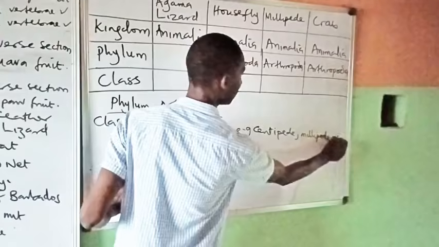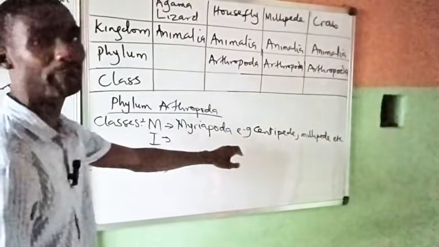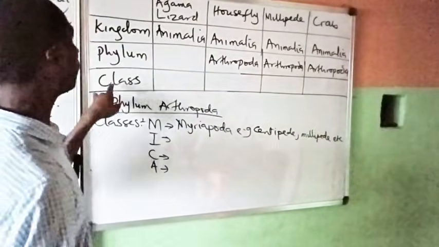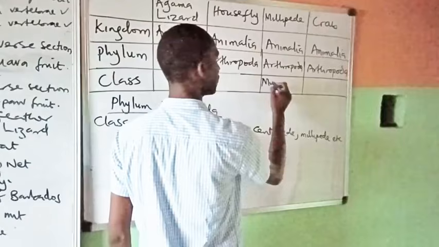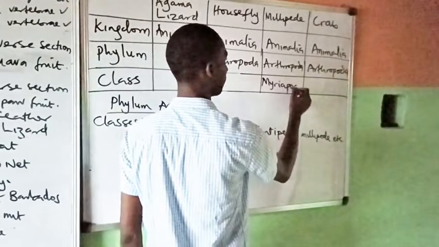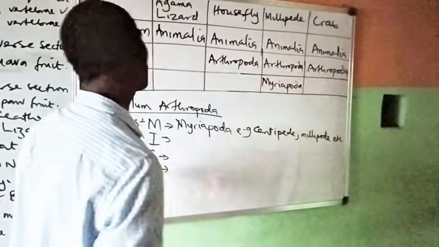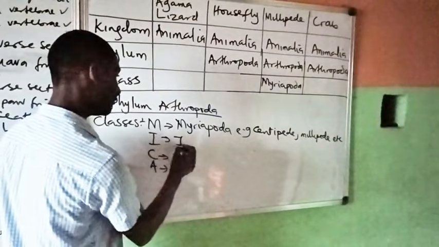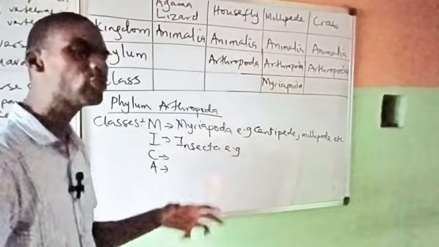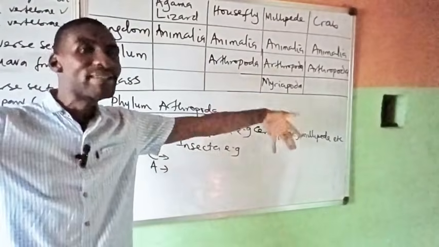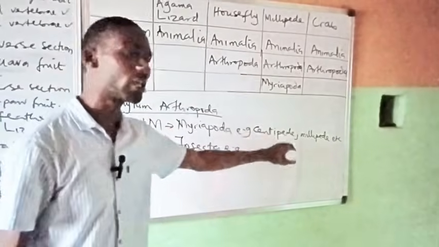So for the millipede, it belongs to the class Myriapoda. Many legs. Now the next one is Insecta. I for Insecta. And what's Insecta? Insecta are the true insects. They have wings. These myriapods, they don't have wings.